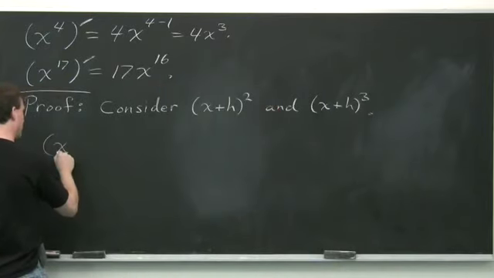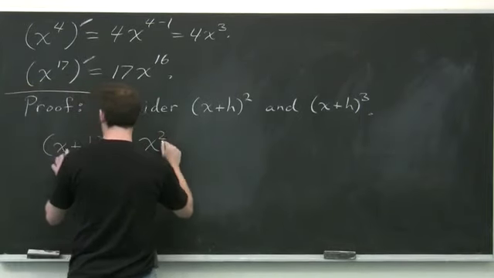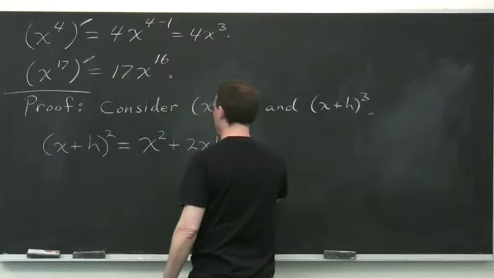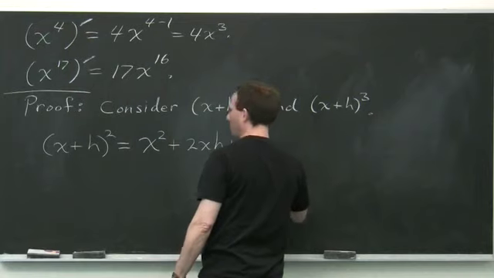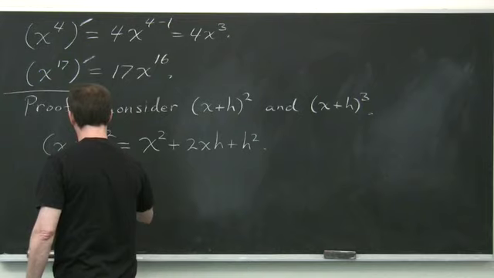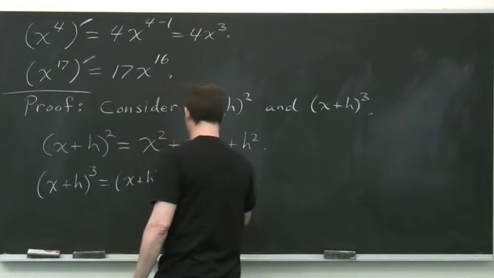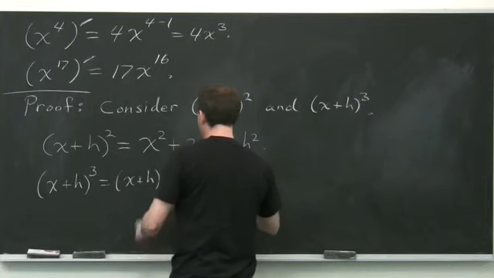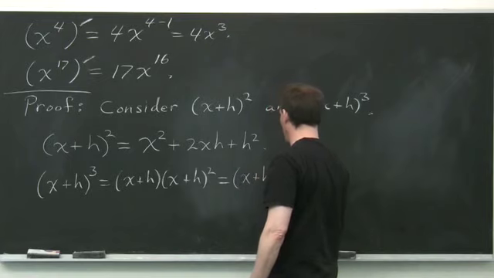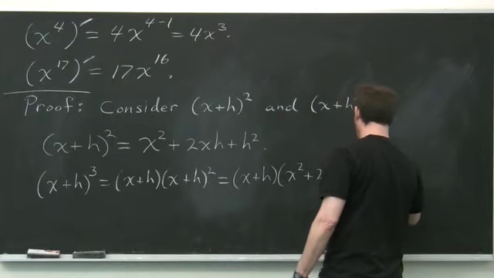(x plus h) squared, you should know how to square this. You get x squared, plus 2 times this, so 2xh, plus h squared. Great. What's (x plus h) cubed? Well, (x plus h) cubed is (x plus h) times (x plus h) squared. That's (x plus h) times x squared plus 2xh plus h squared.